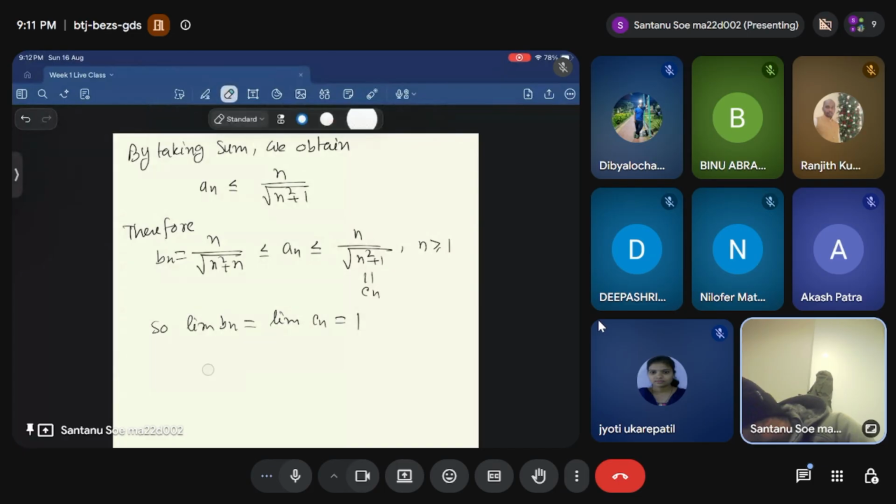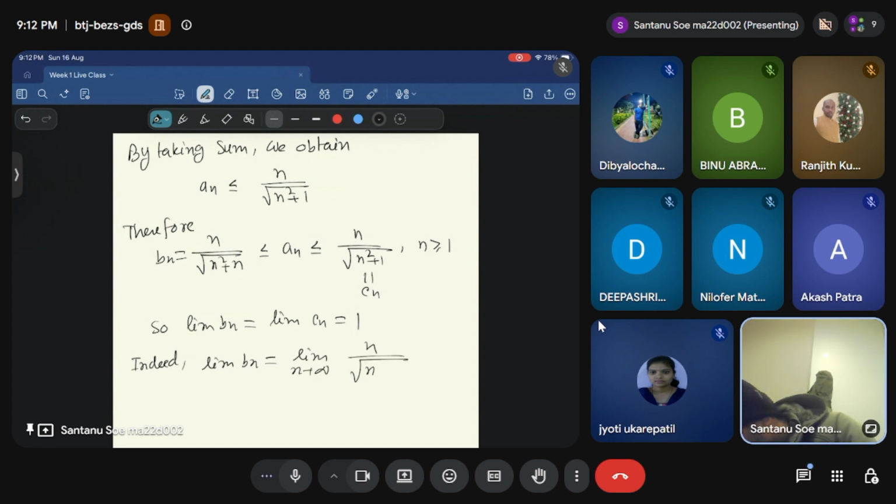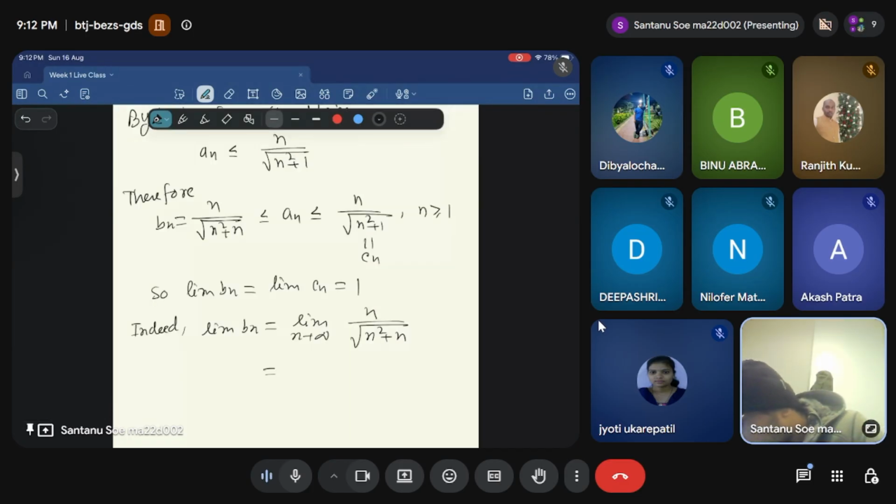Indeed, limit of bn is limit of n divided by square root of n square plus n, and this is the same as limit as n tends to infinity of 1 divided by square root of 1 plus 1 by n.